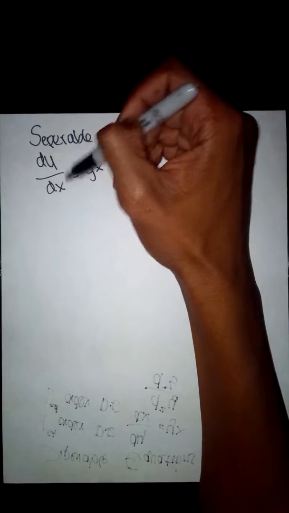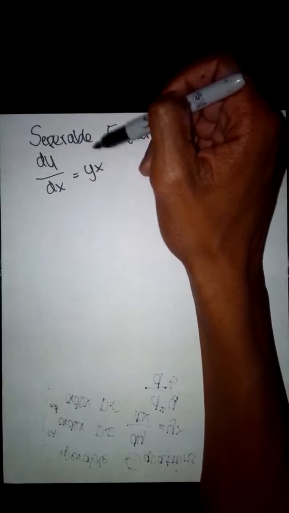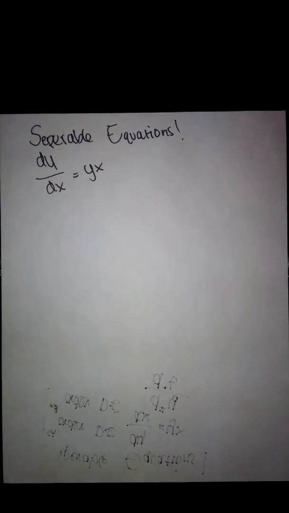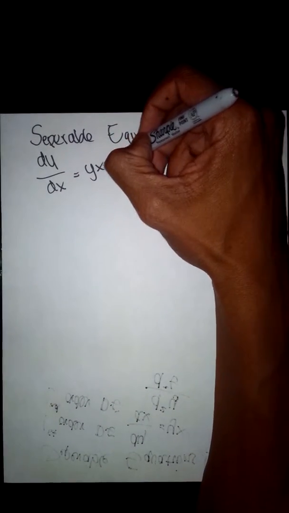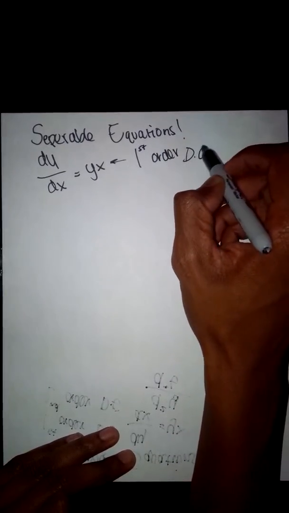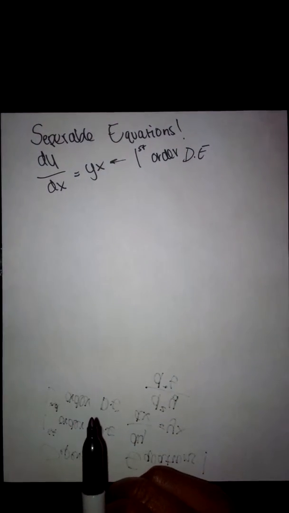You see you have the derivative and you have some function of y and x inside one equation. This particular type would be considered a first order differential equation because you're only dealing with the first derivative.